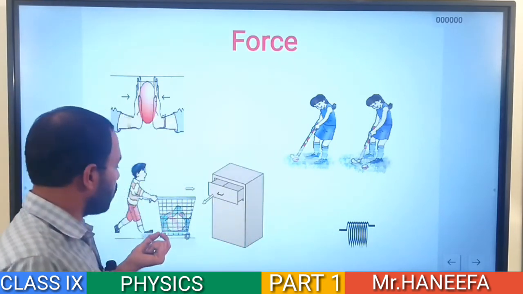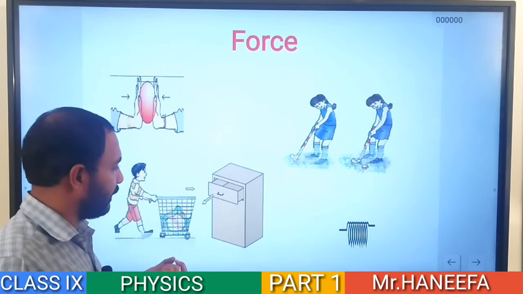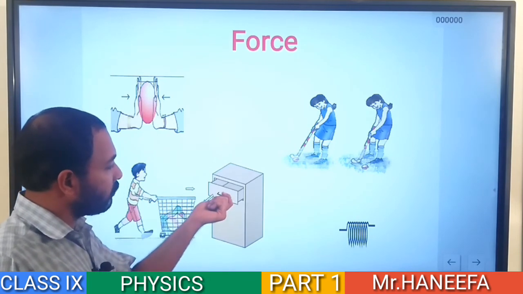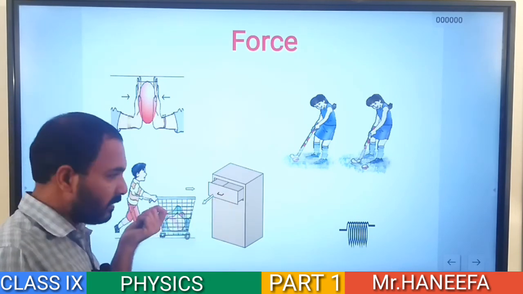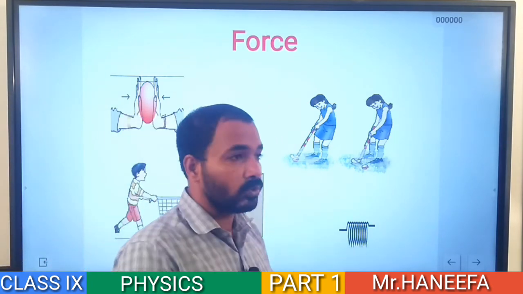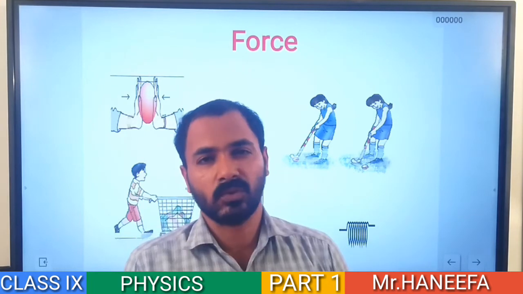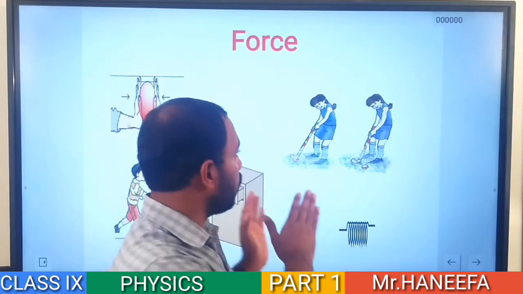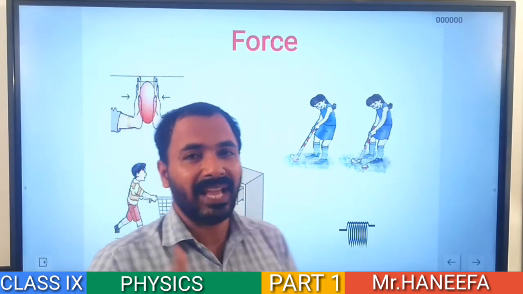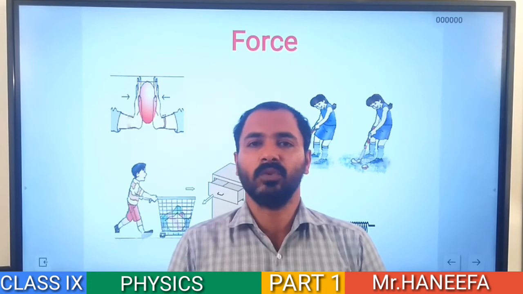In this case also, pushing of a trolley, a force is applied. By pulling this drawer, a force is applied. To compress or to elongate this spring, we have to apply a force. So we know to do all these activities, we have to apply something. That something is called force.